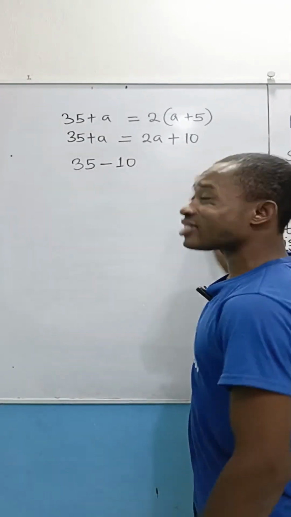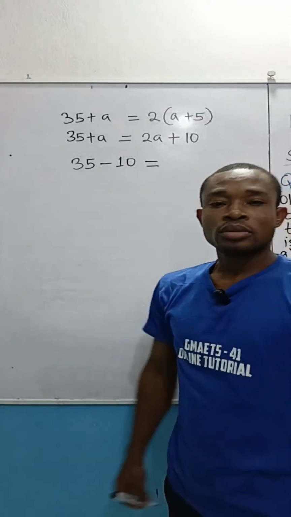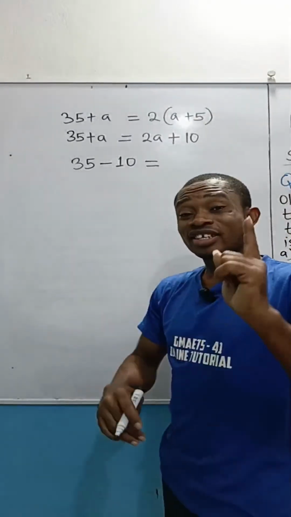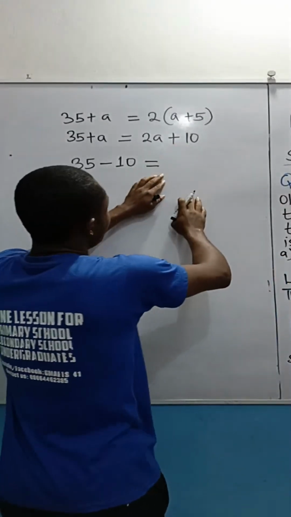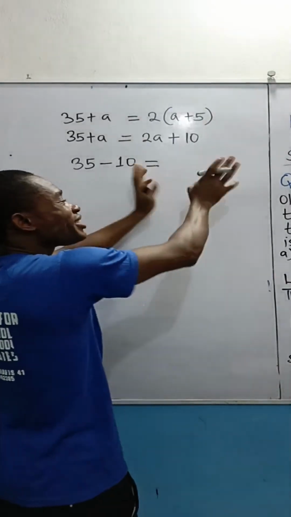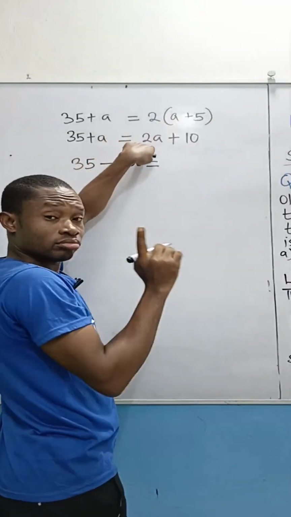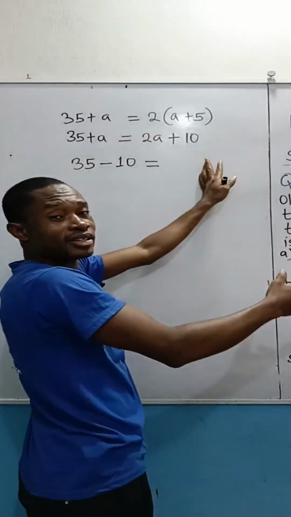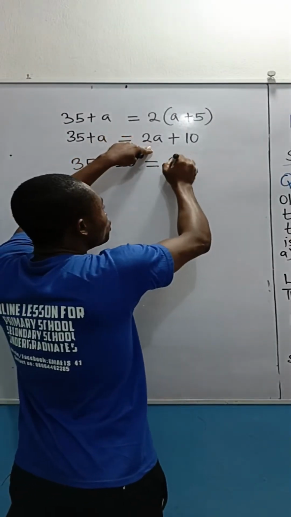Before I write the alphabet on the right, I am going to put down my equal to. This is the equal to. Before I talk of moving anything to the right, remember that you have an alphabet on the right hand side already, which is 2A.